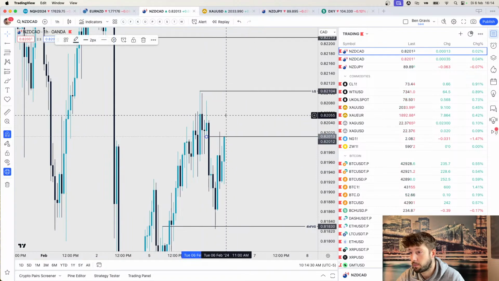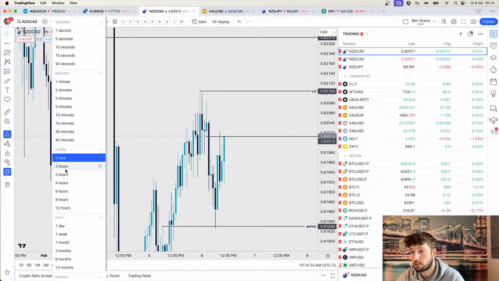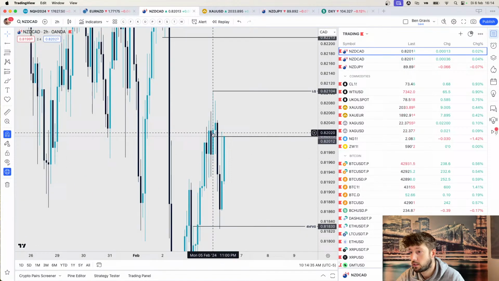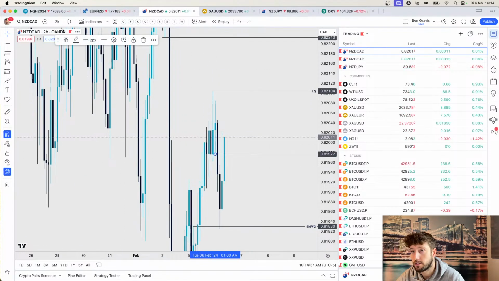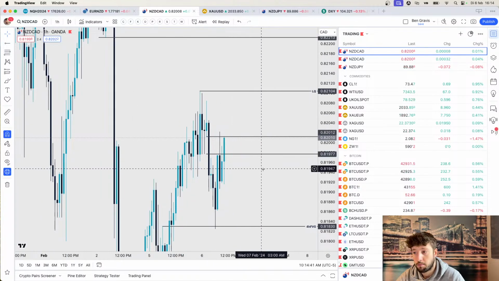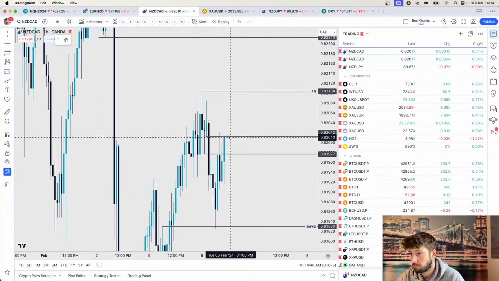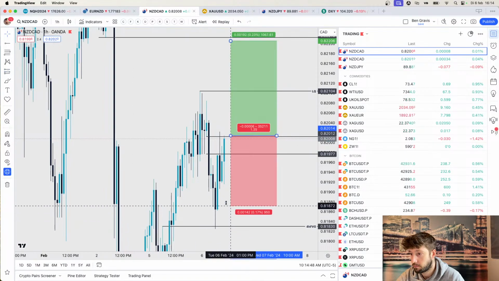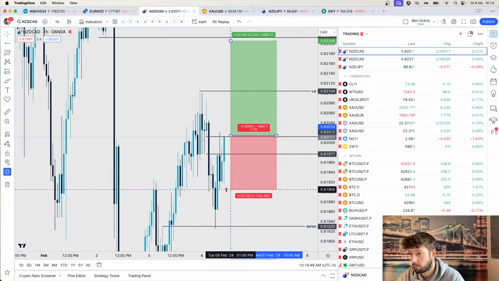Okay, so I'm really focused on this fair value gap and the 1 hourly here. But yeah, I do think that we should long this. Potentially like this.